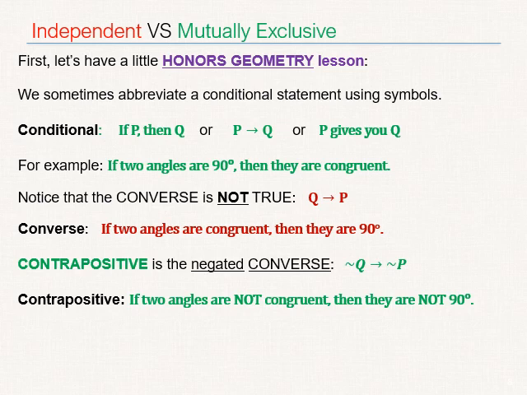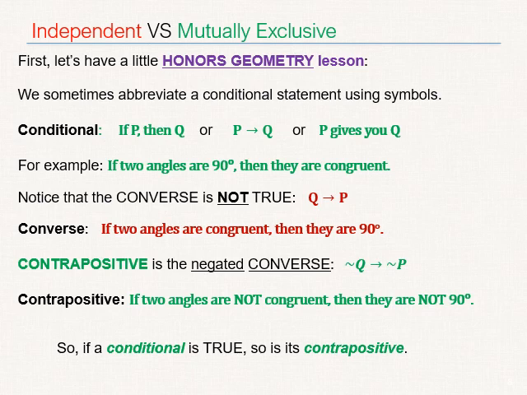As it turns out, if a conditional is true, so is the contrapositive. The conditional and the contrapositive are linked logically, and that means if one is true, the other one has to be true. That will come into play when we start talking about independent and mutually exclusive events, and you'll see why in a minute.